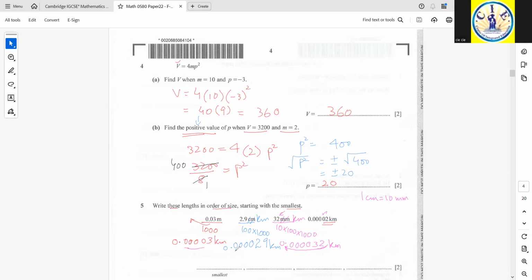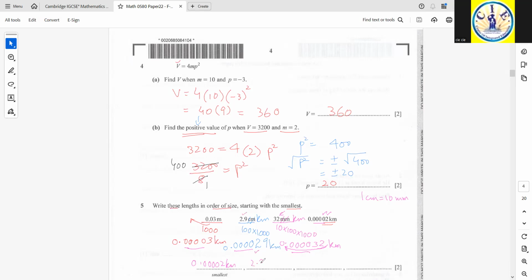Comparing the zeros, the smallest amount is this one, 0.00002 kilometers. After this, we have 0.000029 kilometers, that came from 2.9 centimeters.